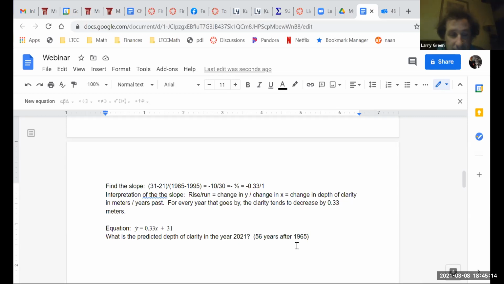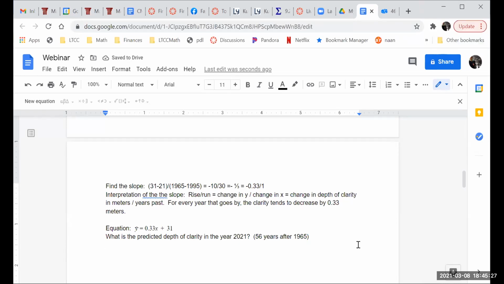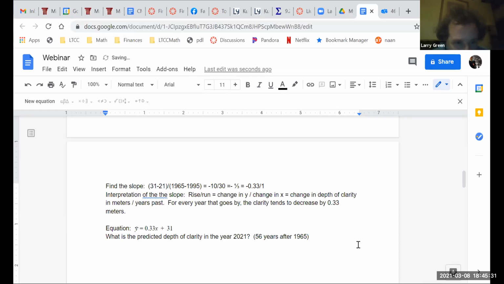How do we do it? The hint is this is much easier than what we've already done. So what do we do? You plug in for x, right? Yep, and that's it. So we go negative 0.33. I lost a negative. So negative 0.33 times 56 plus 31.